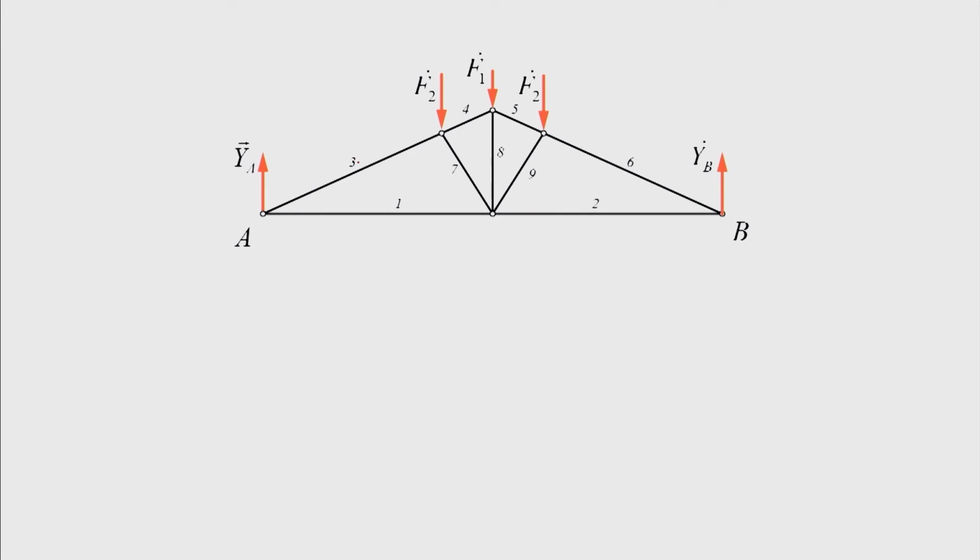With the known force in the member 3, we now leave out the joint C. Then the forces in the bars 4 and 7 are unknown. The forces in the bars of the truss are illustrated as directed away from the joint, assuming the bar is under tension.